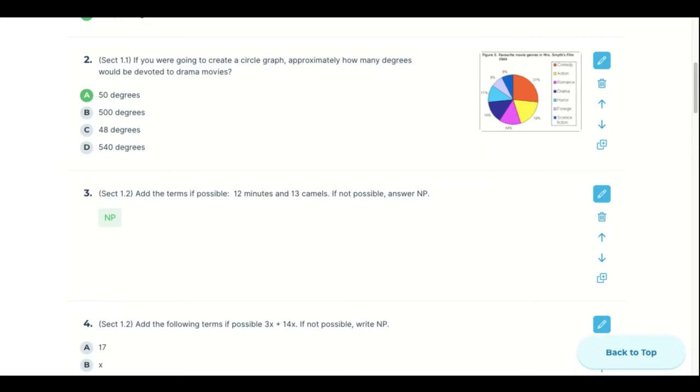There's a 14% right there, so I'm going to write that down. I just want to know how many degrees.